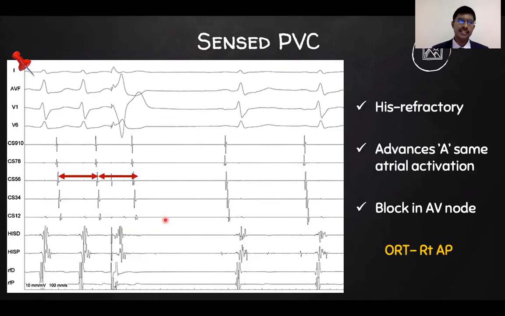Sensed PVCs can also advance the atrial activation timing and terminate the tachycardia, or it could block the accessory pathway retrograde and terminate the tachycardia. Either way, a His refractory PVC terminating a tachycardia talks in favor of an orthodromic reentrant tachycardia.